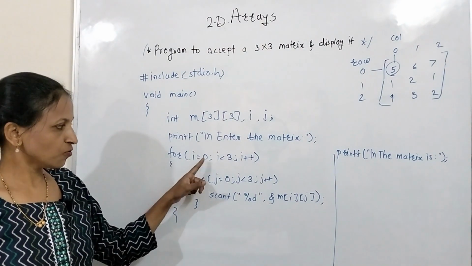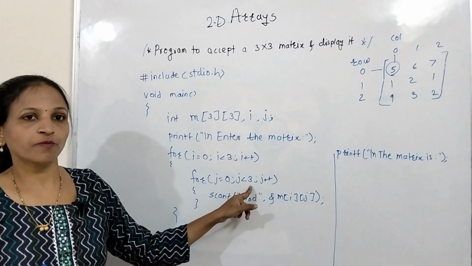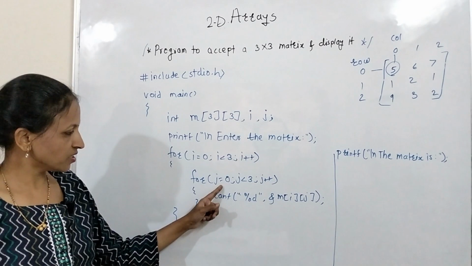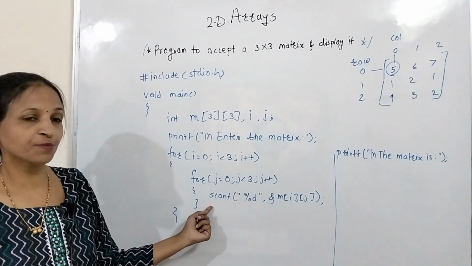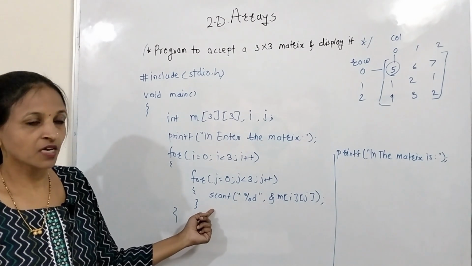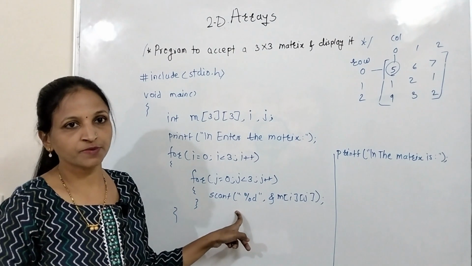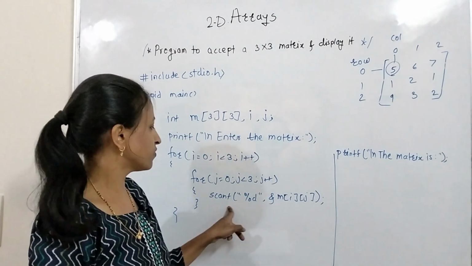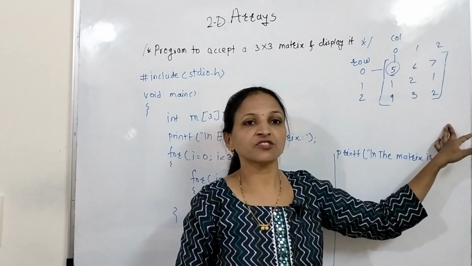Whenever i is 0, the scanf statement will execute 3 times. Whenever i will be 1, again this whole loop will get executed from 0 to 2, which means again this scanf statement will execute 3 times. And whenever i becomes 2, again it will get executed 3 times. Means in total 9 times this scanf statement will get executed and all the 9 elements will get accepted.